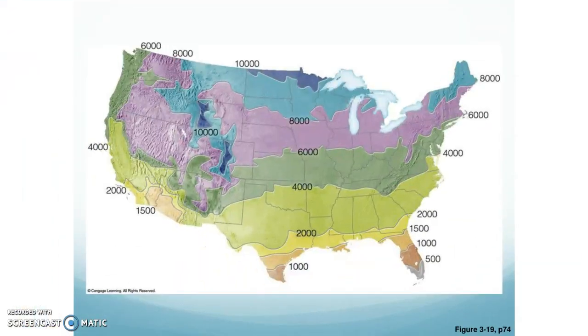Now here's a cool map showing the nation and describing how many heating degree days they normally have every year. You can see in the northern states, they're upwards of 8,000 to 10,000 heating degree days for an entire year. Fair amount of energy needed for heating, and that makes sense since it's colder up there.